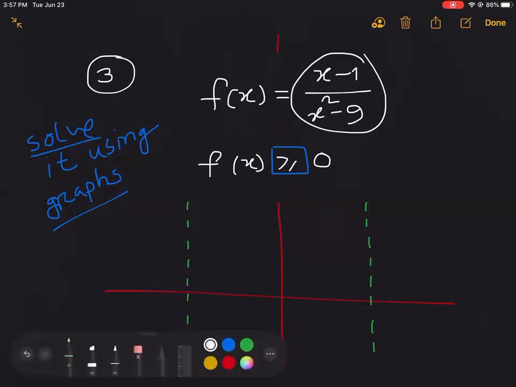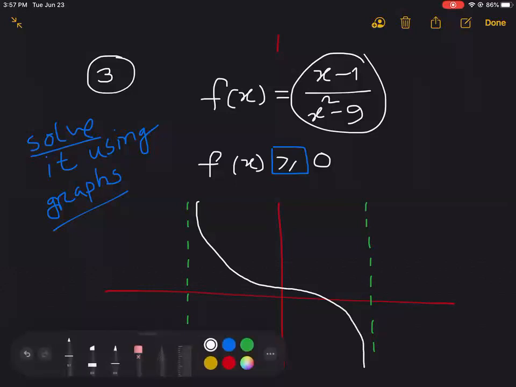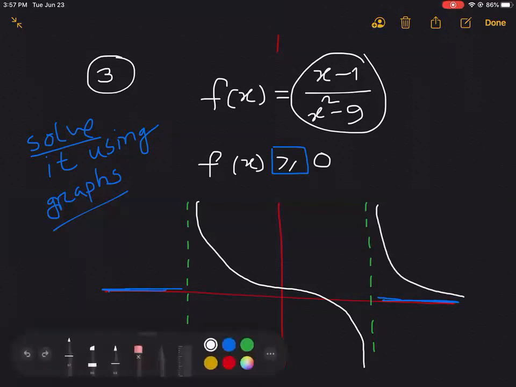If you remember, we spent a lot of time yesterday drawing this. There will be another asymptote here at y equals 0. Okay, and your graph will behave like this. This is how the graph looks.